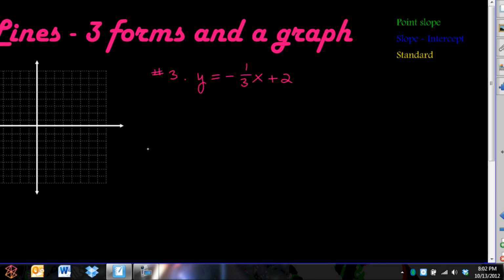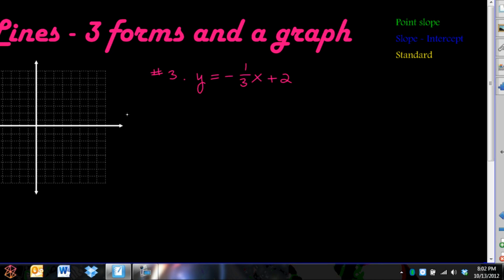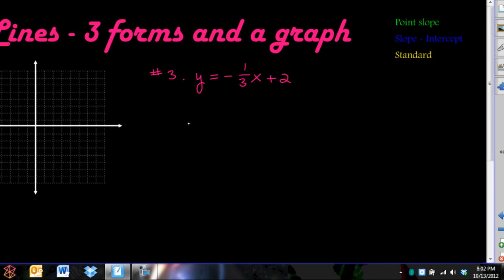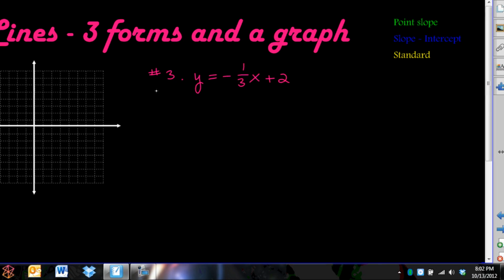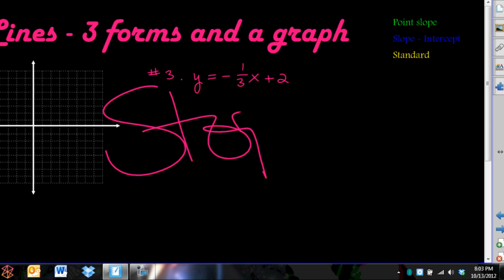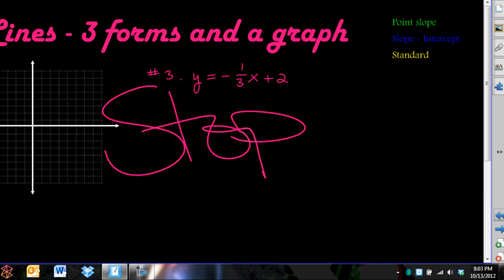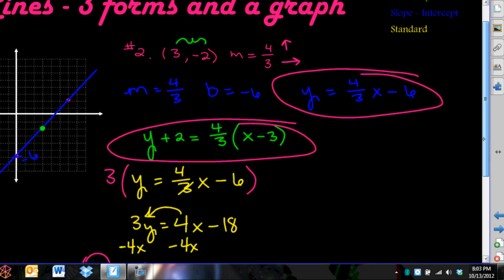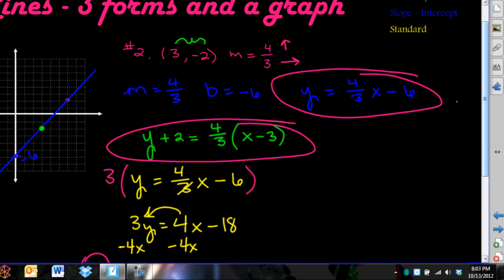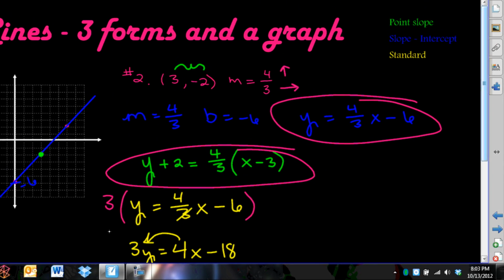And number 3 is a slope-intercept form. As long as you can bounce back and forth between all 3 of these forms, you'll have no problem with your homework.